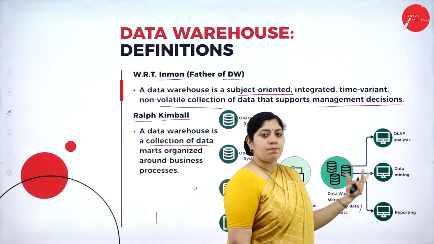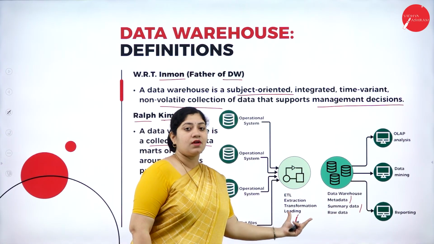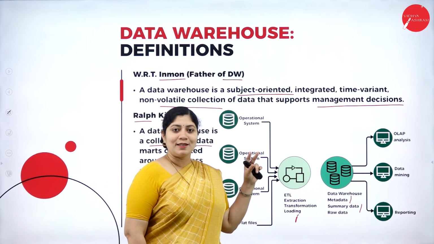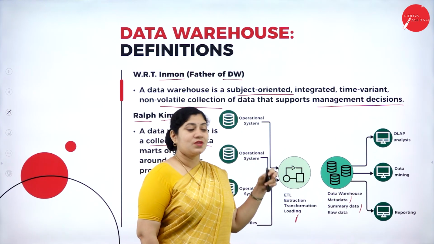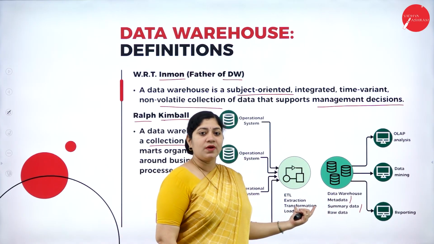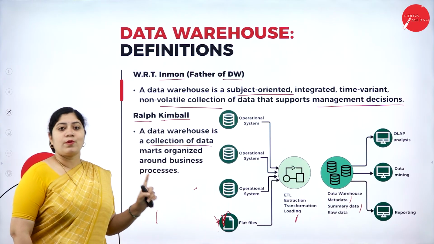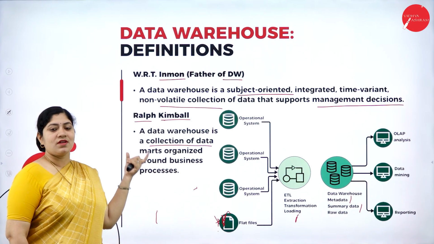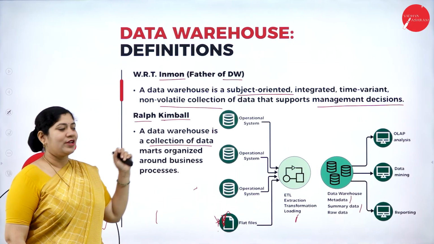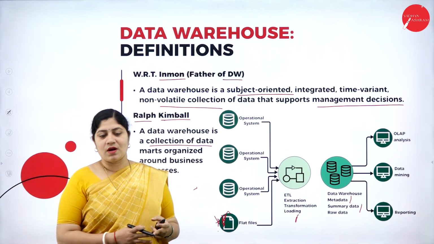So this is a complete cycle where you can easily understand the process of a data warehouse and the technical term of data warehouse, which is none other than metadata, or they also call it summarized data or raw data. Now, one more important thing to remember here is the father of data warehouse. Great. So this is a complete definition process of data warehouse.